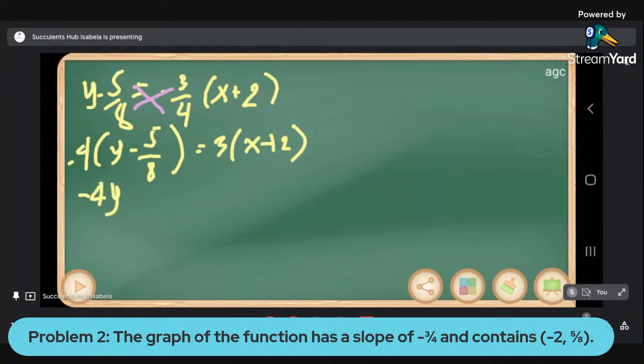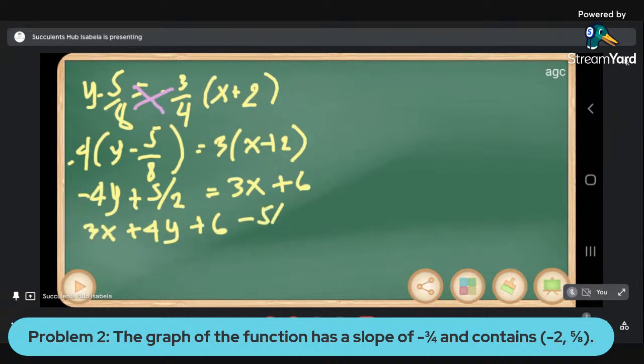Negative 4 times negative 5 over 8 will give you plus 5 over 2, then we have 3x plus 6. So transferring the left side terms to the right side, you will have 3x plus 4y plus 6 minus 5 over 2 is equal to 0.